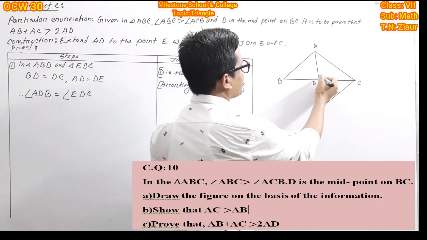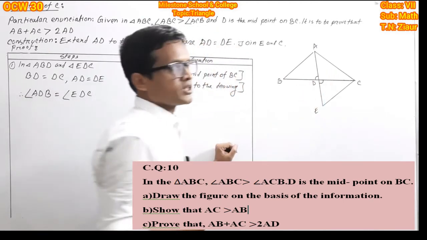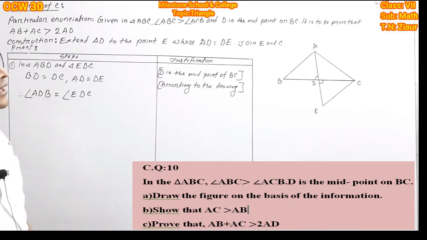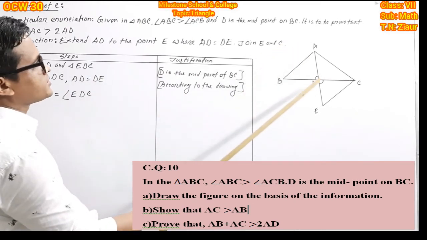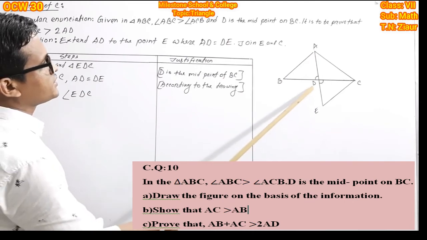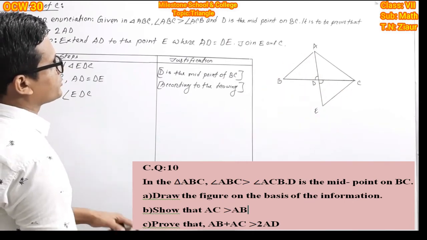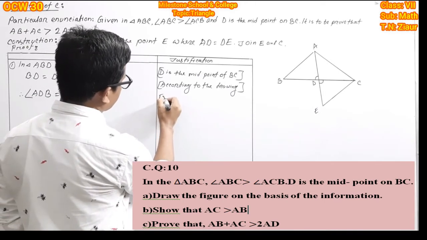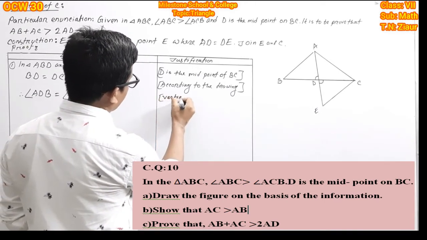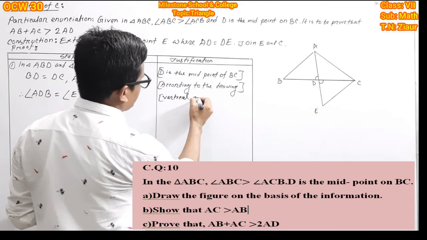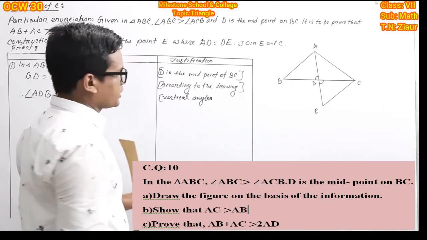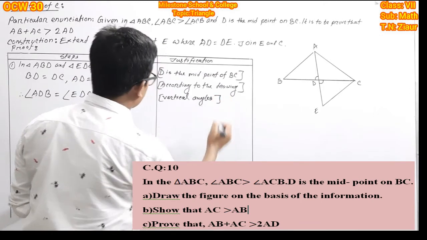This angle and this angle are vertically opposite angles. So you can write ADB and EDC are equal because they are vertically opposite angles. So we can write: vertical angles are equal here.